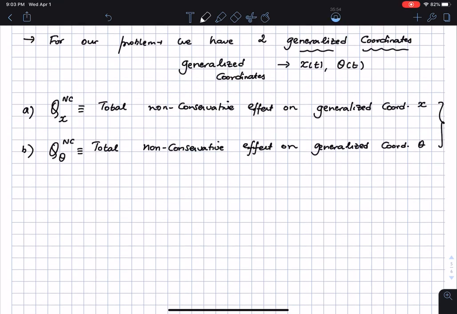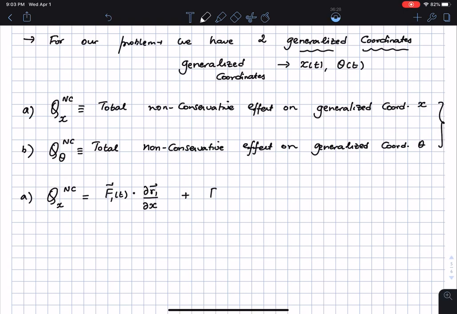Q_x nc is going to be the following. F1 is velocity independent, F2 is velocity independent, F3 and F4, which are our F_d and F mu k, are velocity dependent, and then I have the M as well, which is an applied torque. So here is what I'm going to do. First of all, F1 of t dotted with dr1 by dq, or in this case dx.